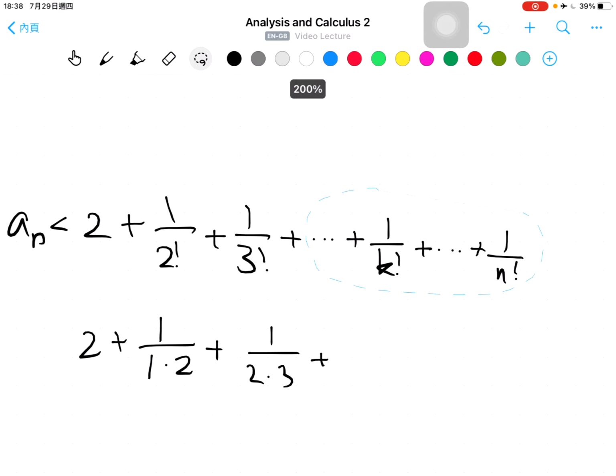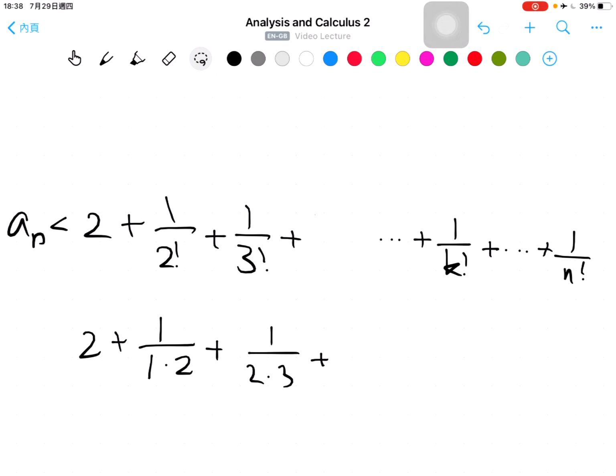And then 4 factorial is what? Let me write an extra term here, 1 over 4 factorial. 4 factorial is 1, 2, 3, 4, right? Now take away the 1 here, this does not affect the value. Now what happens if I take away the 2 as well? It's going to increase, right?